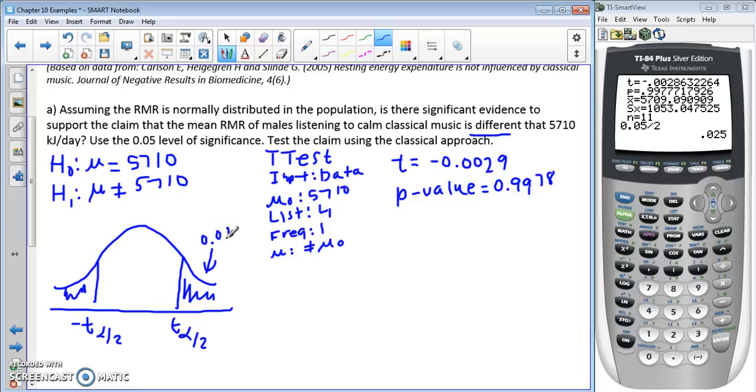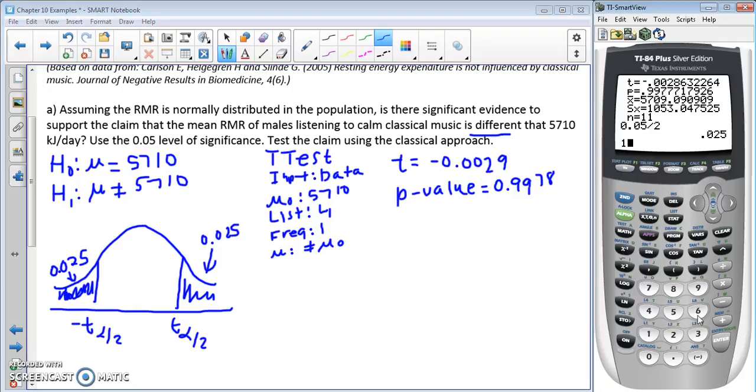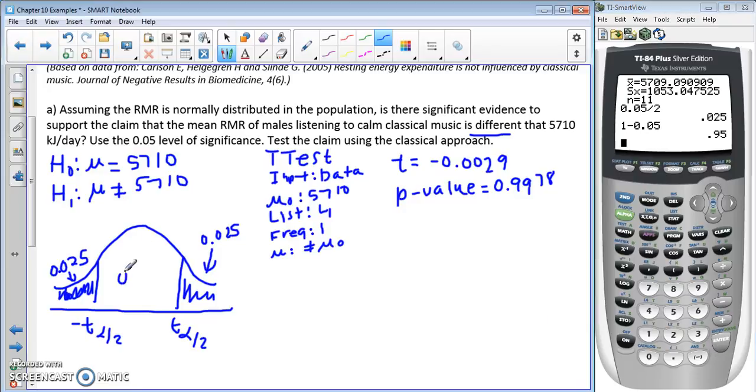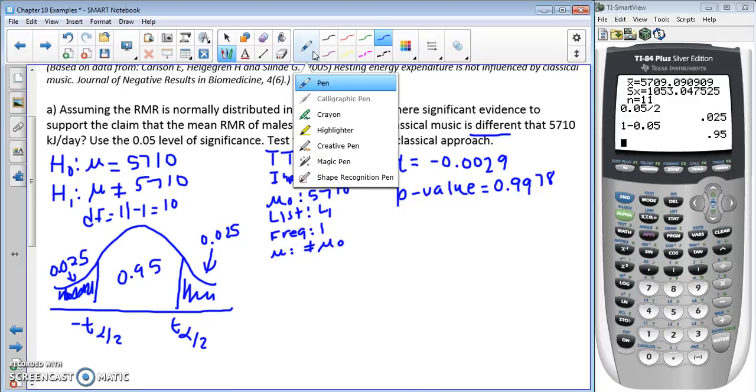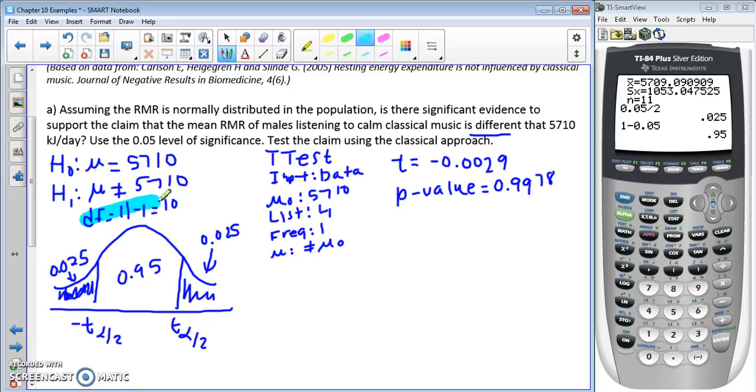So 0.025, and then in the middle, 1 minus 0.05 is 0.95. We will need to look at our degrees of freedom, which is our sample size, 11 minus 1, so our degrees of freedom is 10. And then the area in the right tail is going to be 0.025.